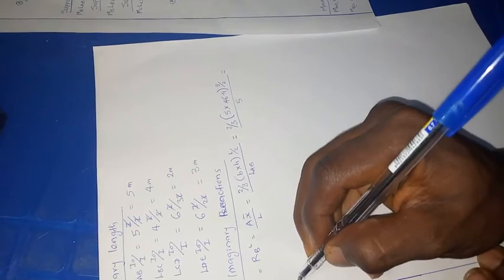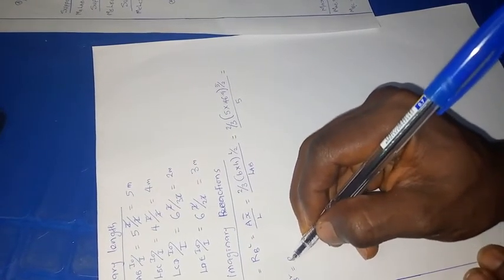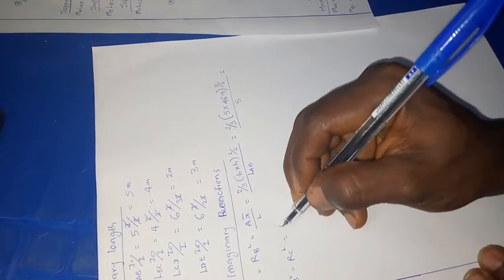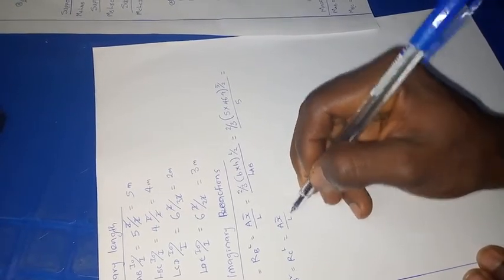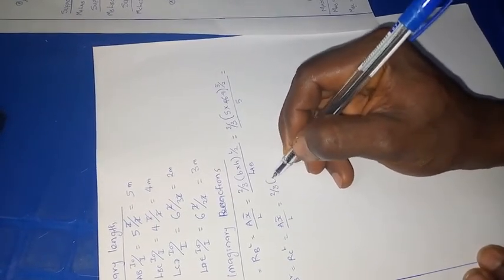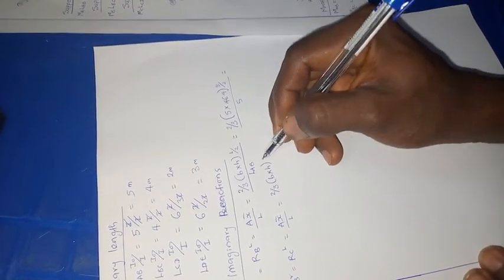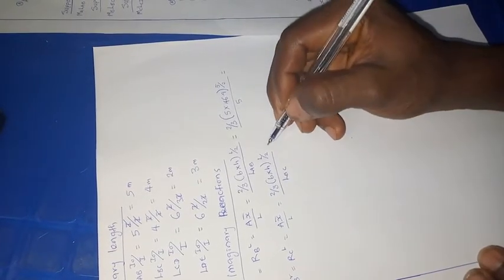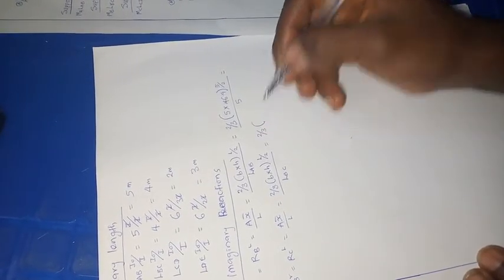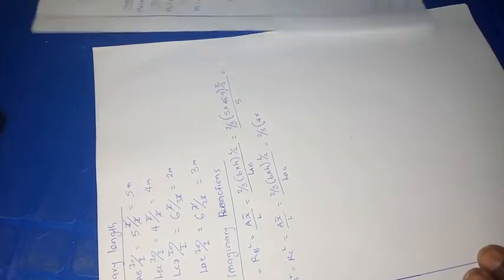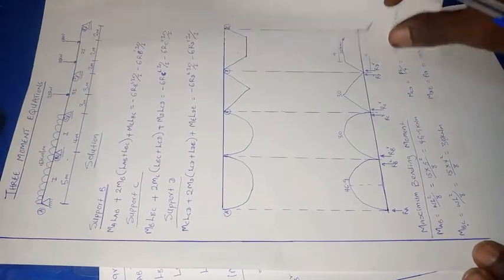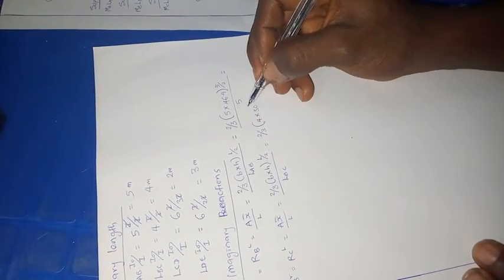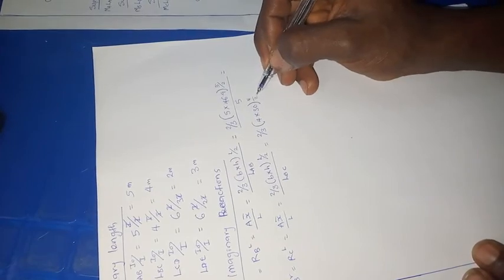We have that reaction at B right will be equal to reaction at C left. So this is equal to area times centroid over length, which is still equal to 2 over 3 multiplied by the breadth times the height, all multiplied by L over 2 divided by the length of B to C. And this will be equal to 2 over 3 in brackets, the breadth here is 4, so this is 4 times, and the height from what we calculated is 30. 4 times 30 multiplied by 4 divided by 2 over the length of B to C, which is still 4.